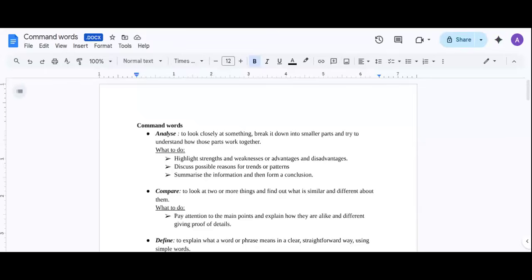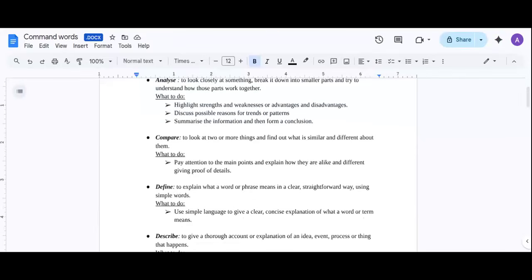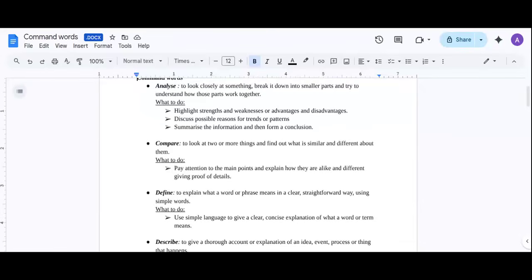So let's go. Analyze. What does analyze require you to do? To look closely at something, break it down into smaller parts and try to understand how those parts work together. So that's the meaning of analyze.